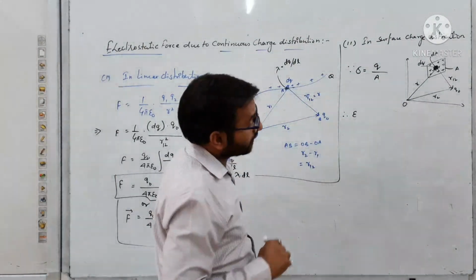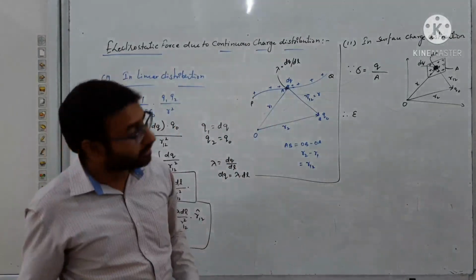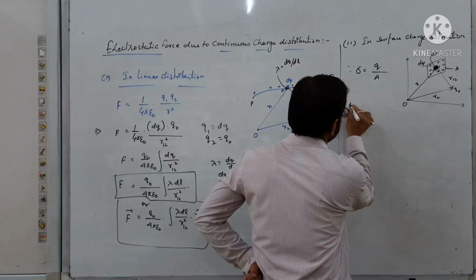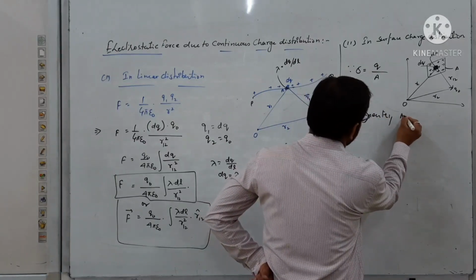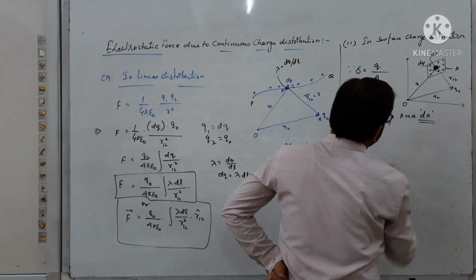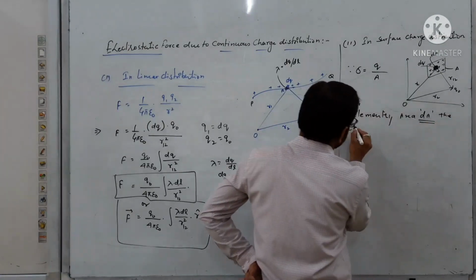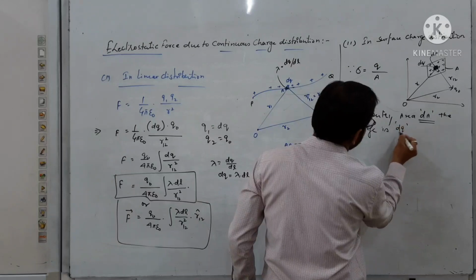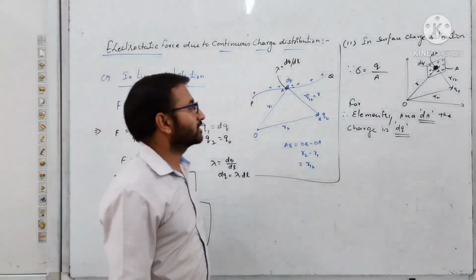But here, listen student, we will take the elementary cross sectional area, dA. Let us suppose the distributed charge in the given elementary area dA is dq.